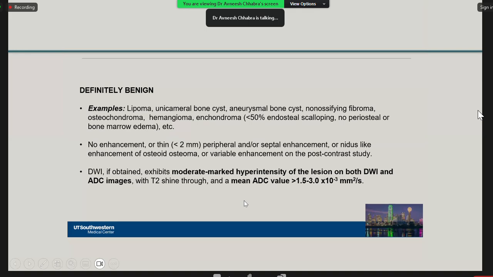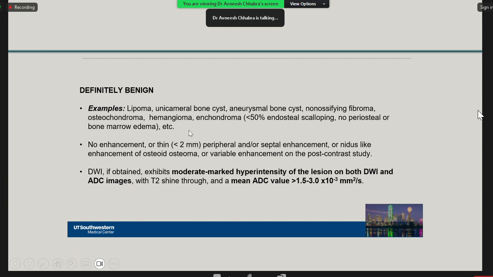So if you look at OT-RADS 2, which are definitely benign, 1 is negative, right? We didn't have any negative cases when we tested, we just tested 2 through 6. So it's definitely benign. These are the lesions you know of, that you leave them when you see them on X-rays or CT or MRI: the lipoma, cyst, aneurysmal bone cyst, non-ossifying fibroma, osteochondroma, hemangioma, and chondroma.